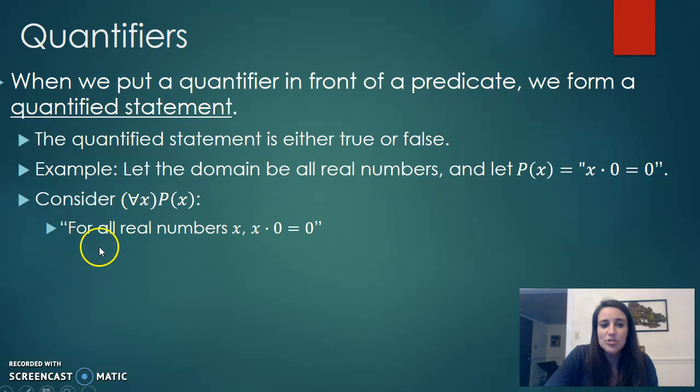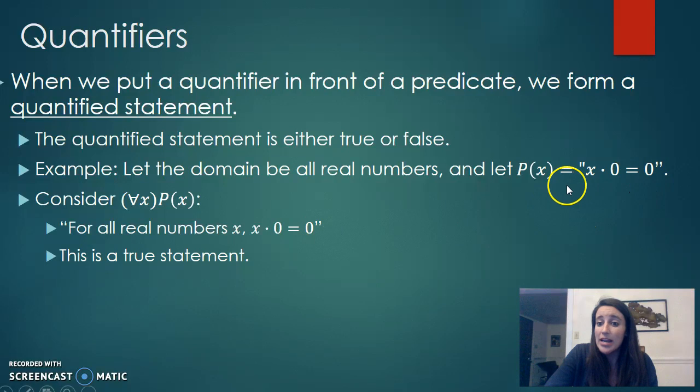In English, that would translate to for all real numbers x, because our domain was all real numbers, x times 0 equals 0. We know that to be a true statement. If we take a real number and multiply by 0, we get 0. So the predicate became a statement with this quantifier.